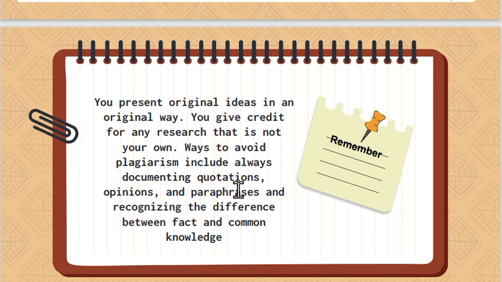Okay, so you give credit for any research that is not your own. If you use someone else's resources, someone else's book, research, ideas, opinion, you have to give credit. I mean, you have to mention the original author of this resource. Now, ways to avoid plagiarism include always documenting any definition, documenting any sentence in your research paper.